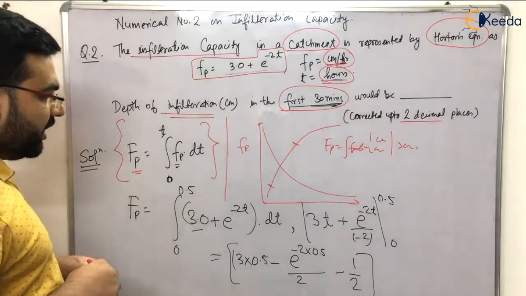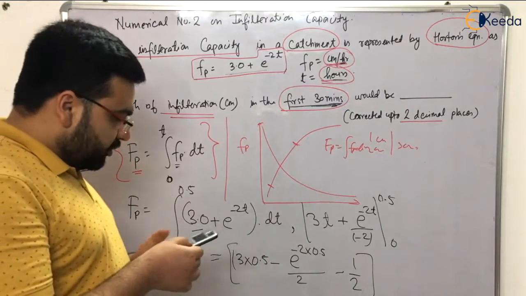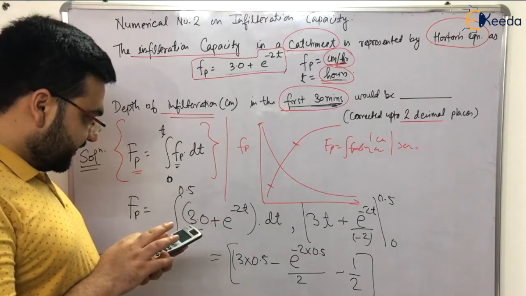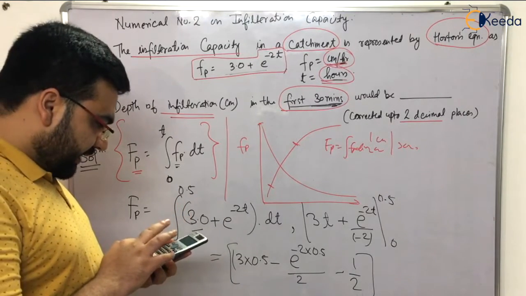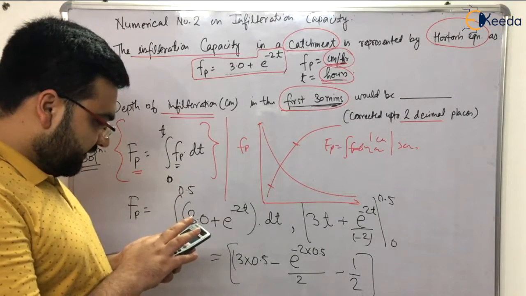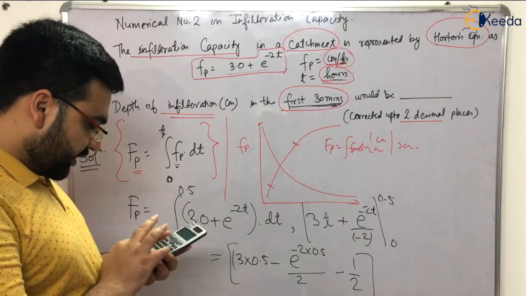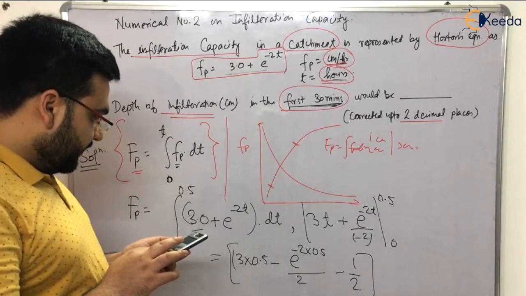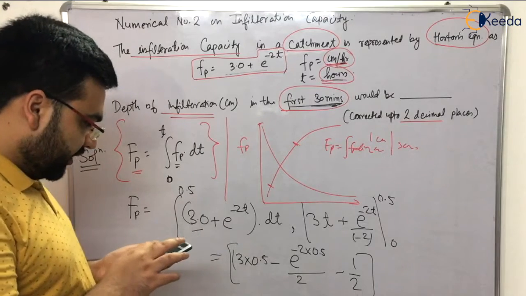So let me calculate how much it comes out to be. It will be 3 into 0.5 minus e raised to the power minus 1 divided by 2, minus 0.5, and it will be equal to 1.